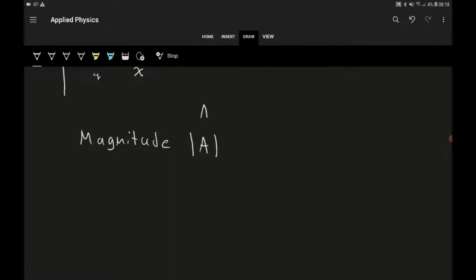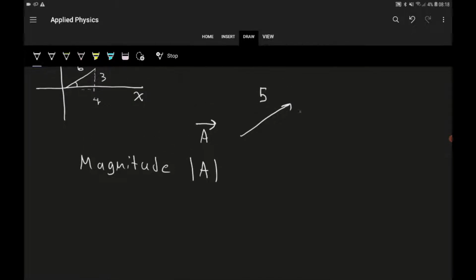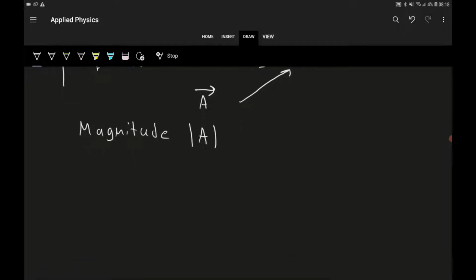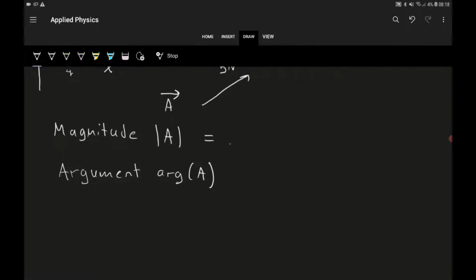If A is a vector, and let's use the same example, 5 newtons, that's our A vector. There's a magnitude, and there's the argument, usually denoted as arg of A. Now the magnitude is found by the square root of the distance moved in the x direction and the distance moved in the y direction, x squared plus y squared.